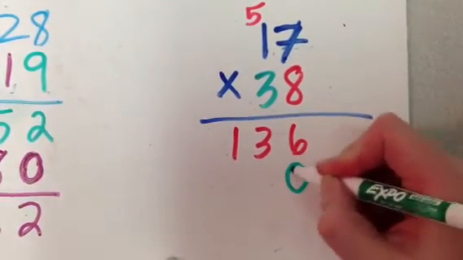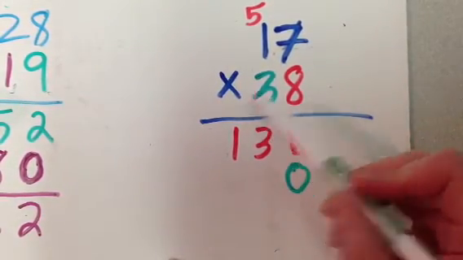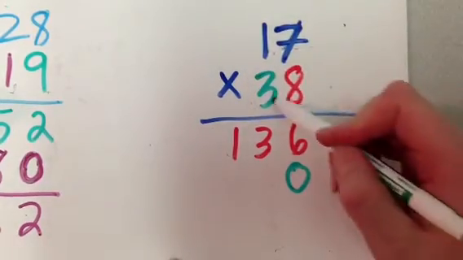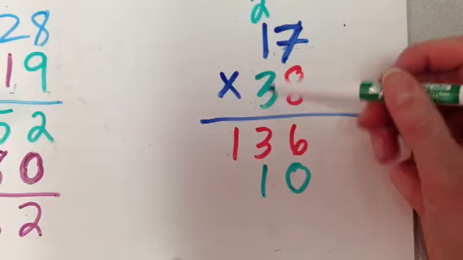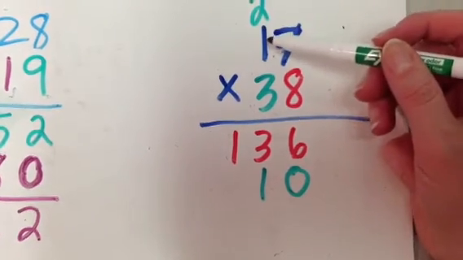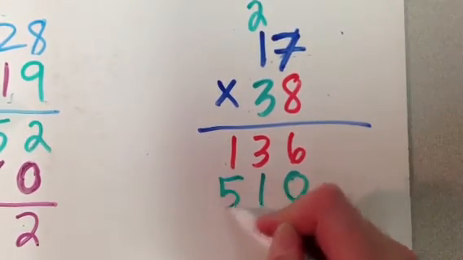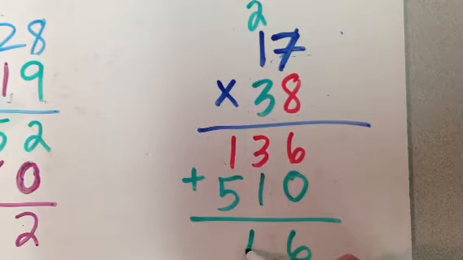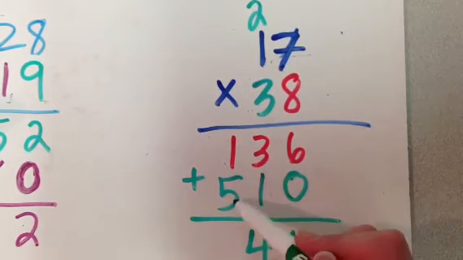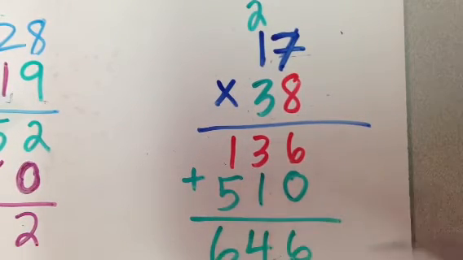I put my placeholder in, and I get rid of this. 3 times 7 is 21, carry the 2. 3 times 1 is 3, plus 2 is 5. And I add these together. So my answer is 6 plus 0 is 6, 3 plus 1 is 4. Oh, I said the wrong number. 1 plus 5 is 6. 646.